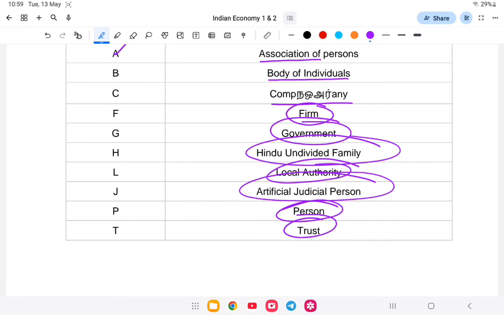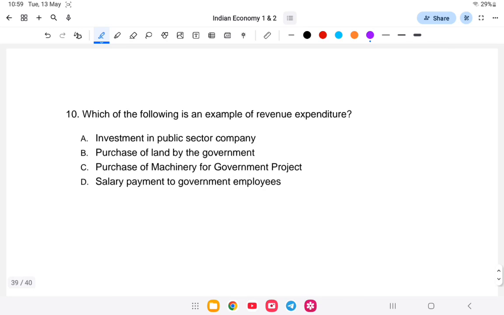Next question, and the last final question for today. Which of the following is an example of a revenue expenditure? Is it an investment in a public sector company, purchase of land by government, purchase of government machinery, or salary payment to government employees? Expenditure means money spent by the government. Investment means money invested.